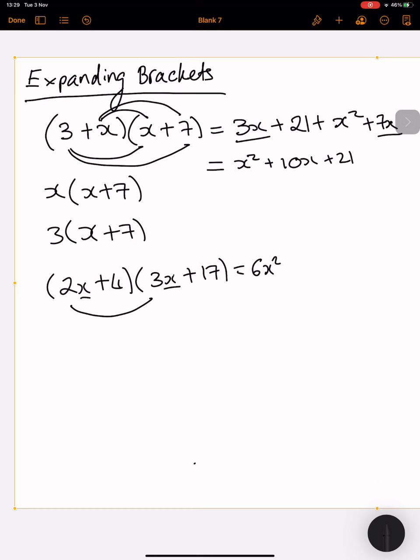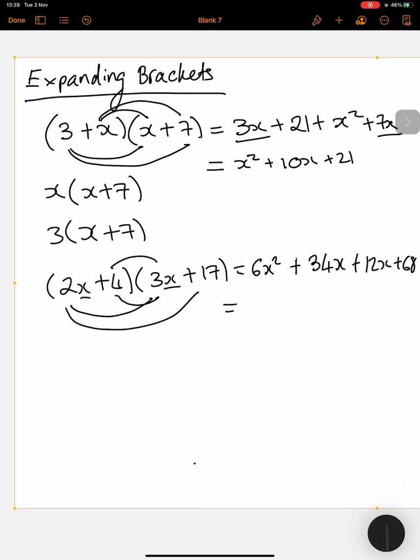Then we're going to do 2x times 17, which is 34x. And then we're going to do 4 times 3x, which is 12x. And then 4 times 17, which is 68.